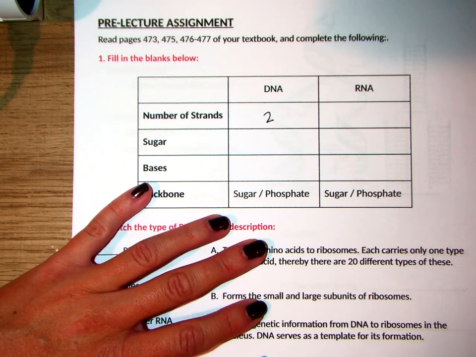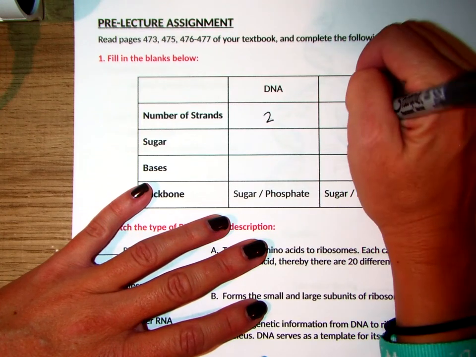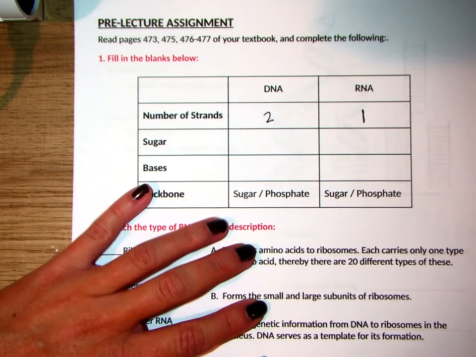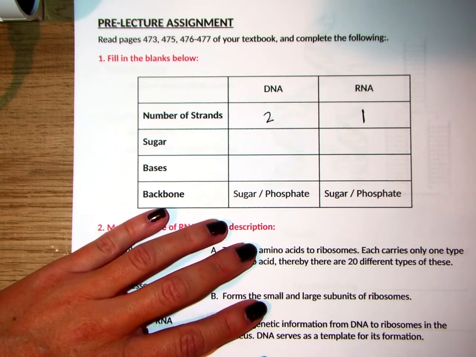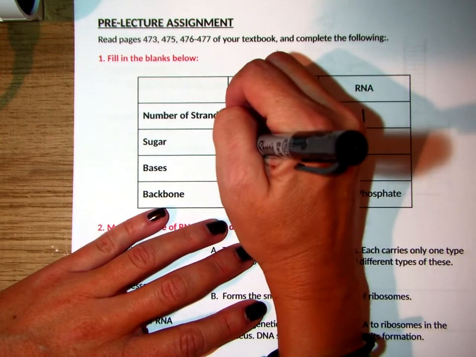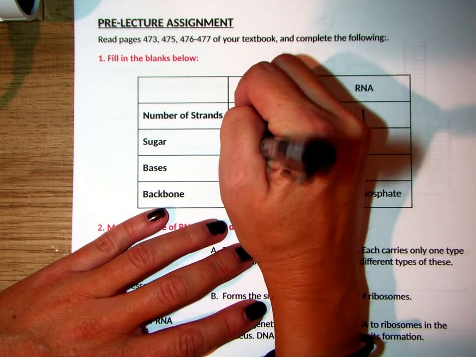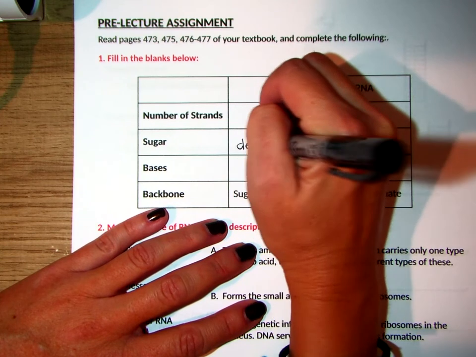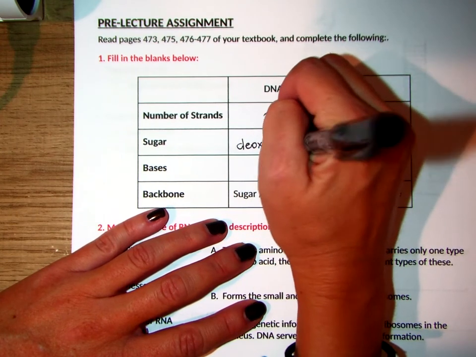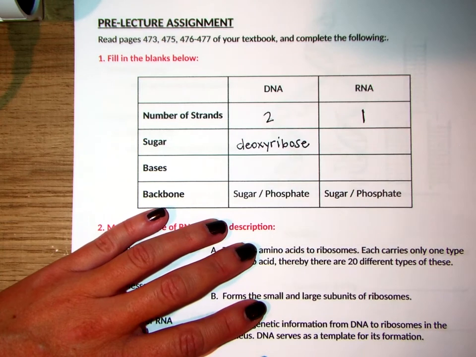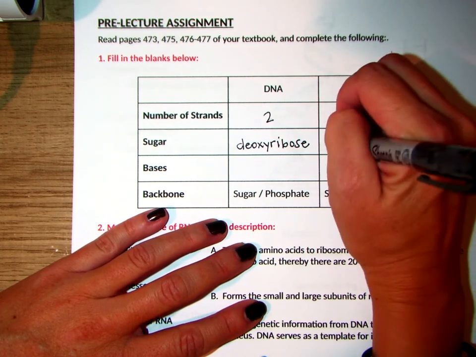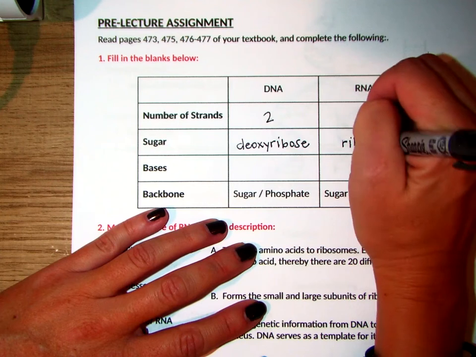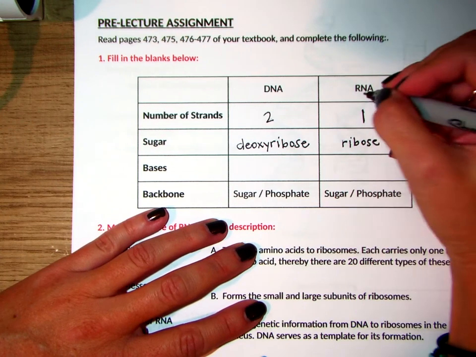Two strands, while RNA only has 1. The sugar in DNA is called deoxyribose. And that's why we call it deoxyribonucleic acid, whereas the sugar backbone for RNA is ribose, which is why we call it ribonucleic acid.